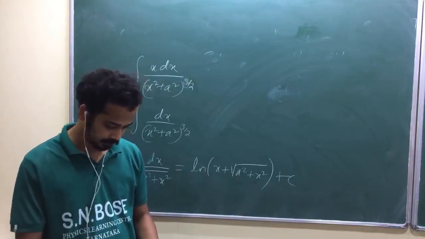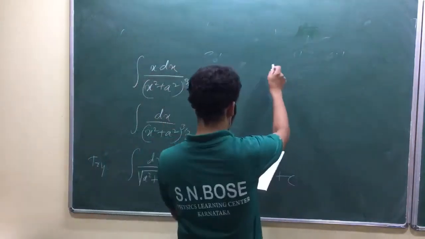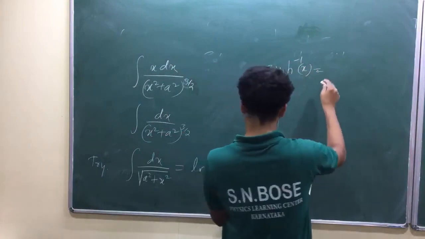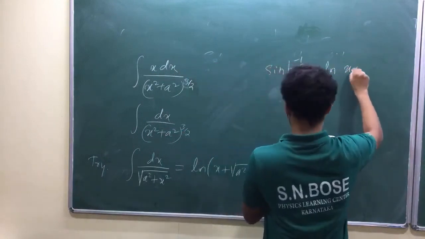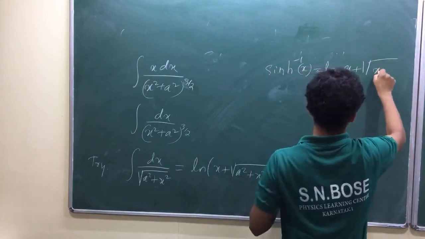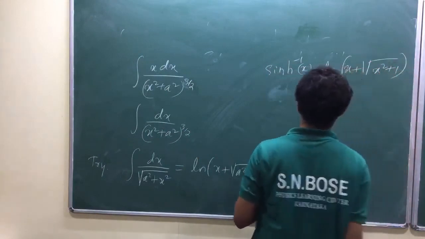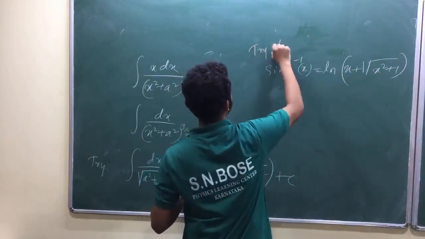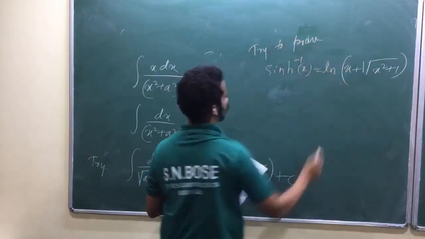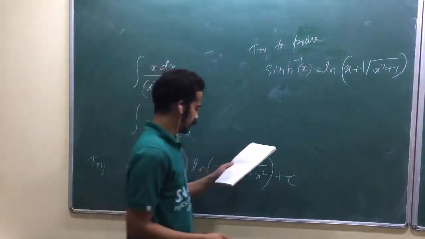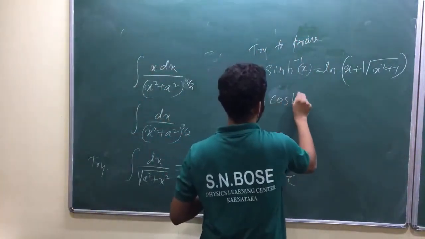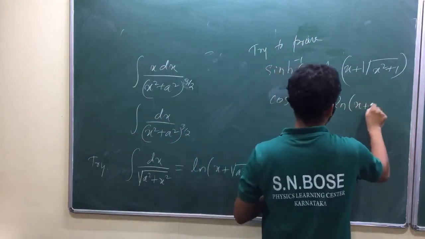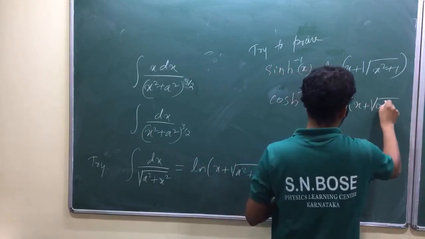I had given these three, look here. Do you remember? Sine hyperbolic inverse x is equal to log of x plus root of x square plus 1. Try to prove this one also. Cos hyperbolic inverse x is equal to log of x plus root of x square minus 1.